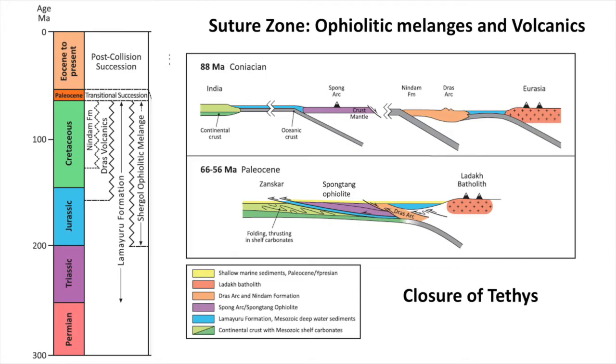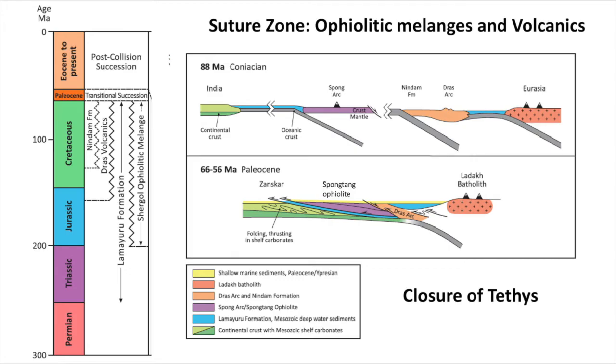And so here we are at 56, so this is more or less at the time of the collision. And you can see that some of these oceanic arcs, island arcs, are being forced out southwards on south-verging thrust planes.